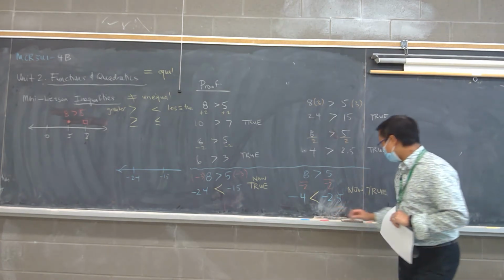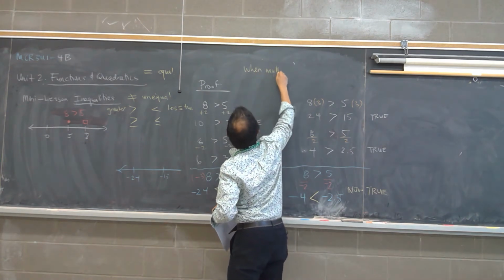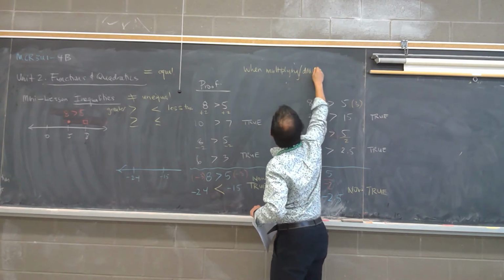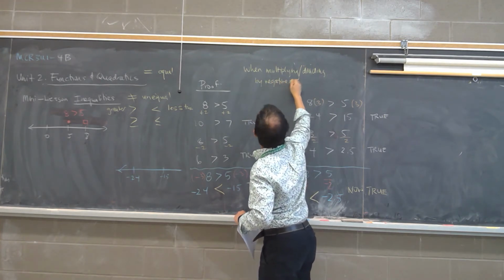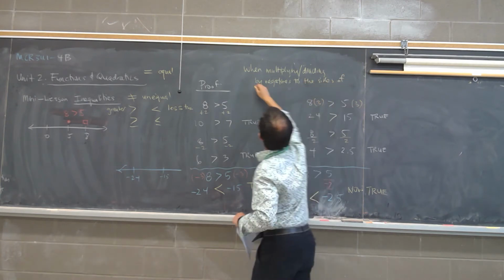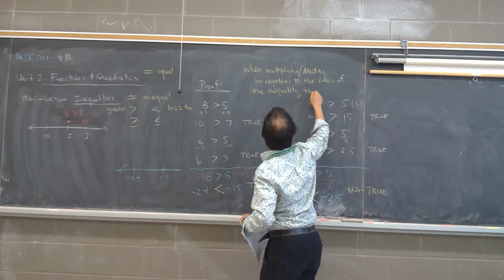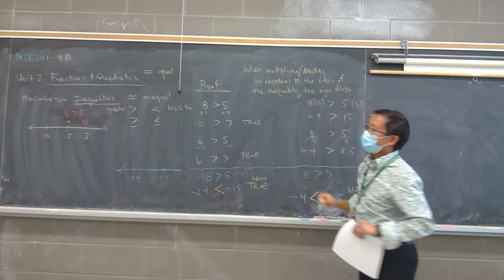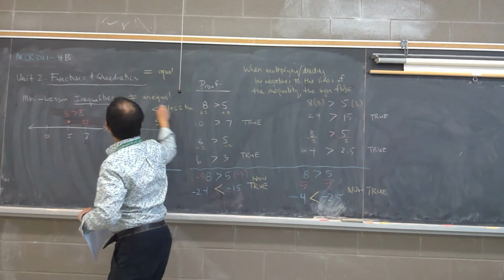In a nutshell, the golden rule is when multiplying or dividing by negatives to the sides of the inequality, the sign flips. And it only really affects these ones.